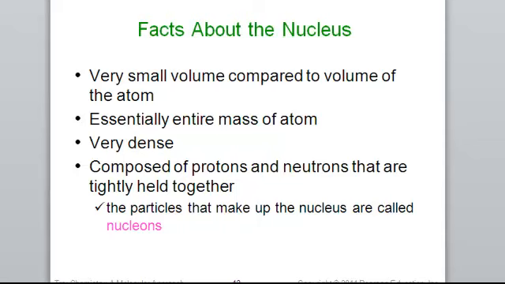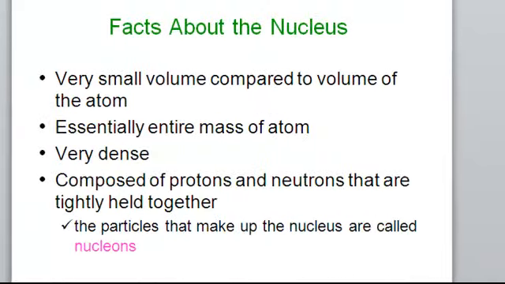Again, that is a field of force known as the nuclear force. The particles that make up the nucleus we know are protons and neutrons, but if we wanted one word to mean either of them, we call those nucleons. So inside of the nucleus, we know that it's very heavy but very small.